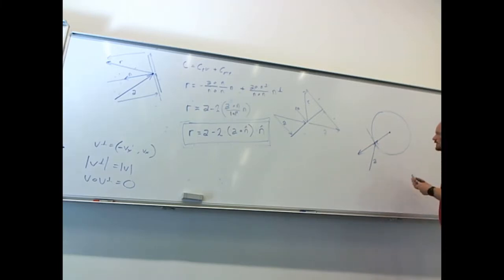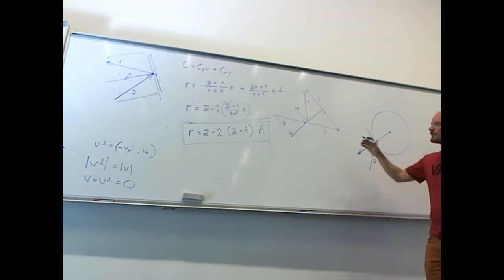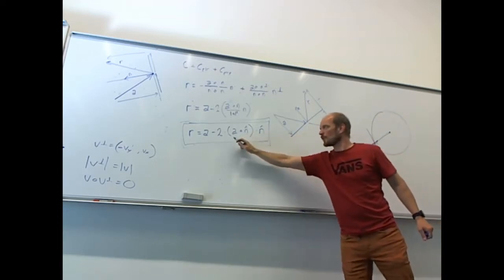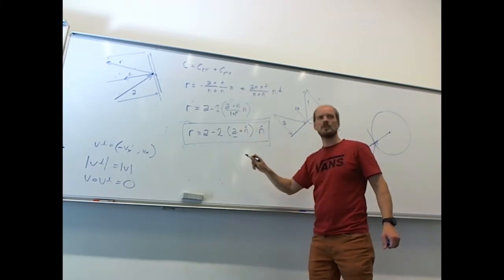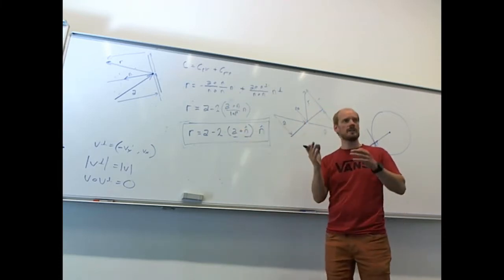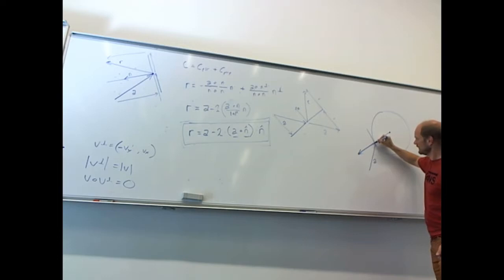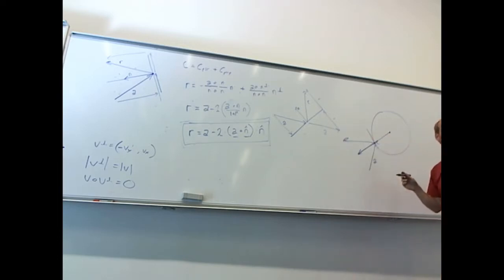So if I hit the circle, I know that this is the normal that I'm going to bounce off of. Since I know the normal, I can just throw A, which is my original vector, and N, which is the normal, into this formula, and voila, I have the correct reflected vector of the correct length.